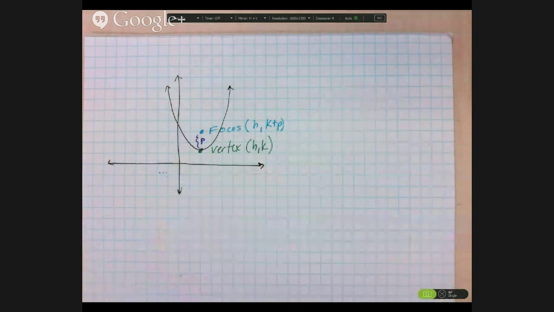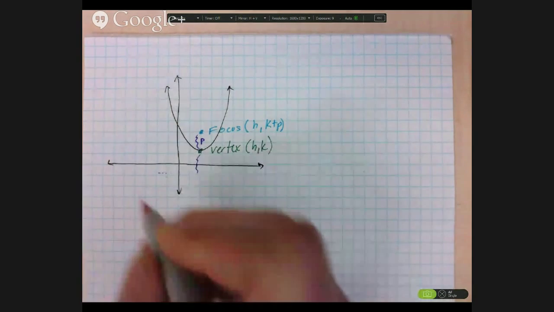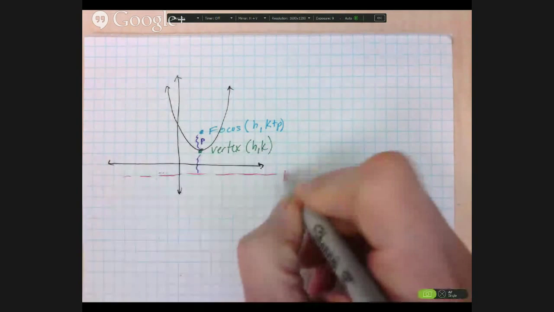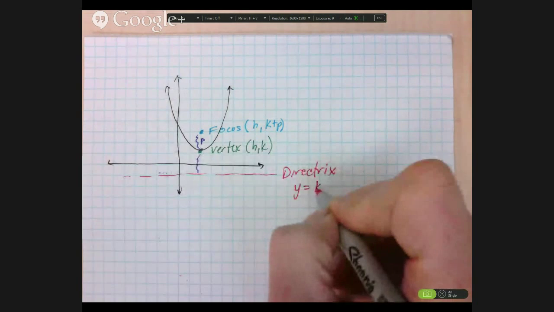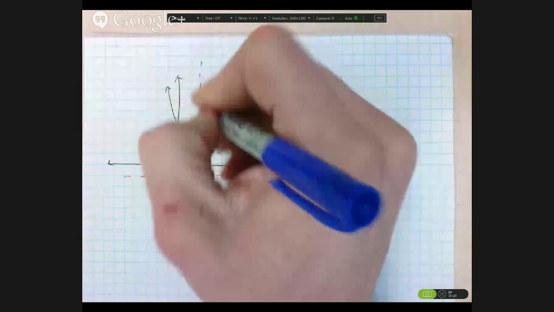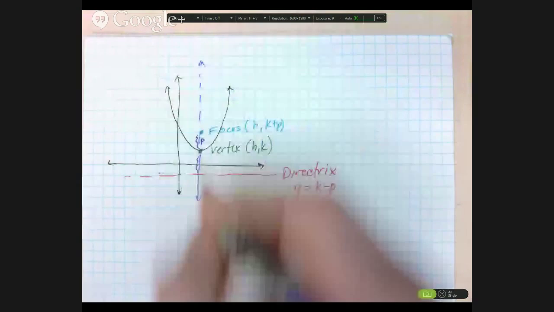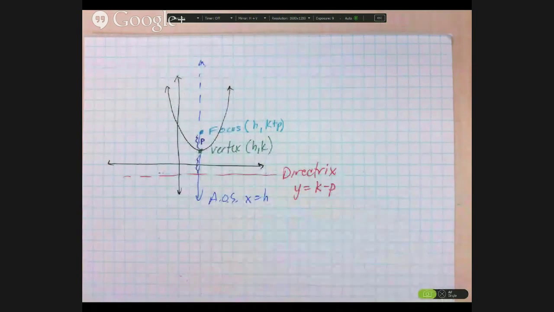So the y changes. And then the directrix, same deal. And then the axis of symmetry, pretty straightforward. x equals h.